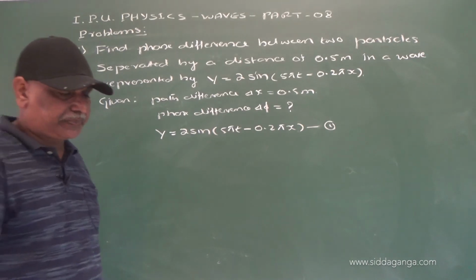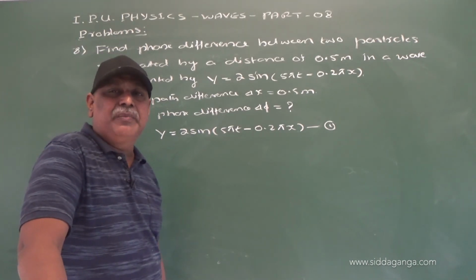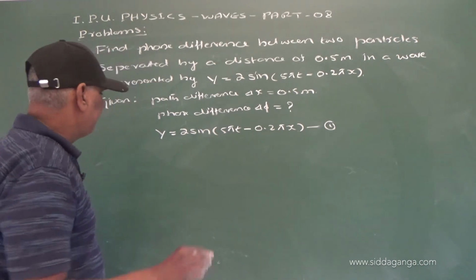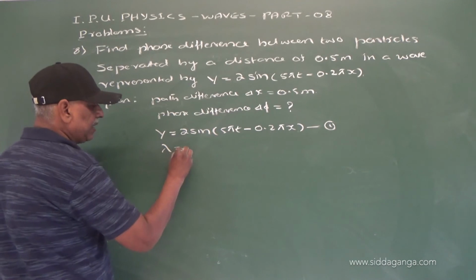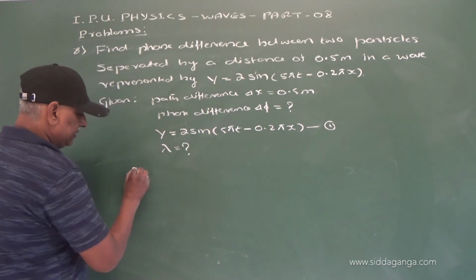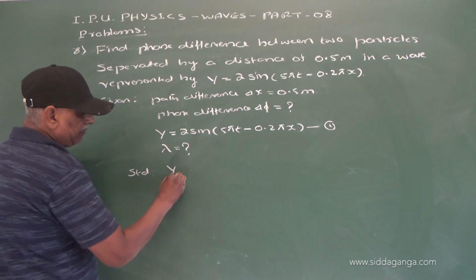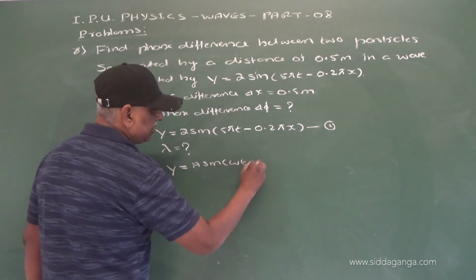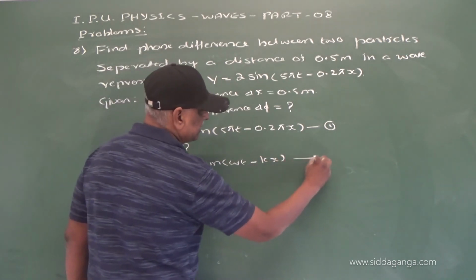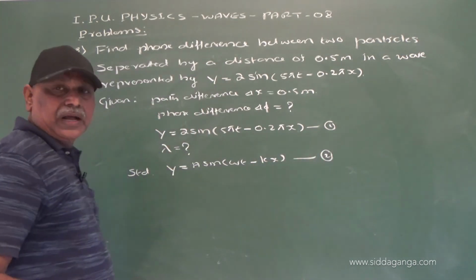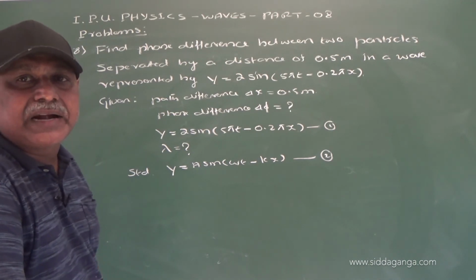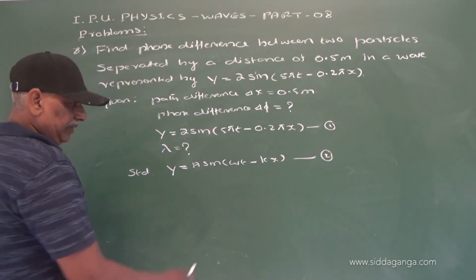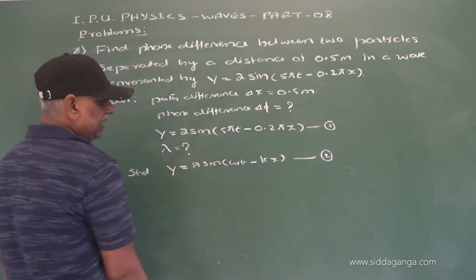We know that the relation between phase difference and path difference involves wavelength. Therefore, we need to find wavelength, lambda is equal to what? With the standard equation, y is equal to a sine (omega t minus kx), comparing the given equation with the standard equation, we can find the value of lambda. We know that k is related to lambda.